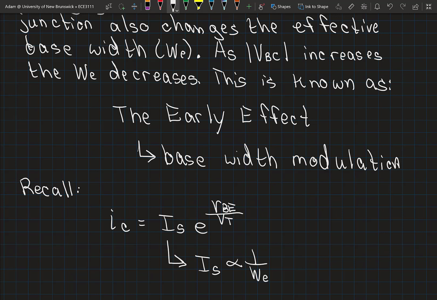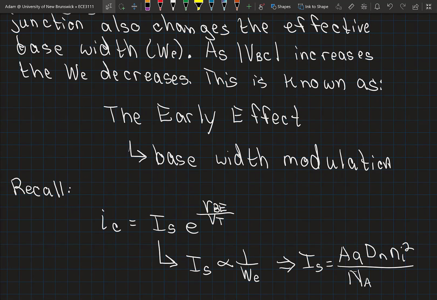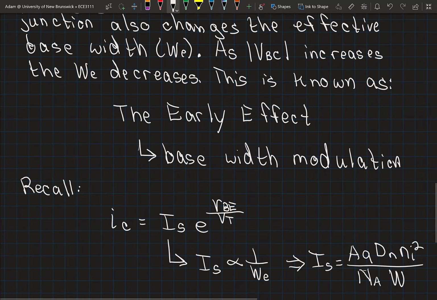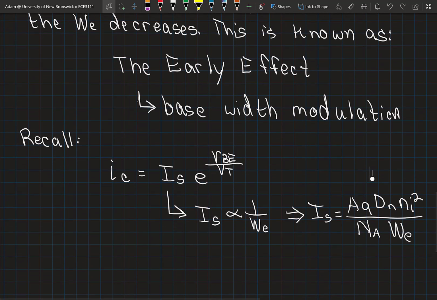In fact, the saturation current was a function of our cross-sectional area, the fundamental unit of charge, our diffusion constant for electrons, our intrinsic concentration squared, our doping concentration, but here's the important one, and inversely proportional to our effective base width.